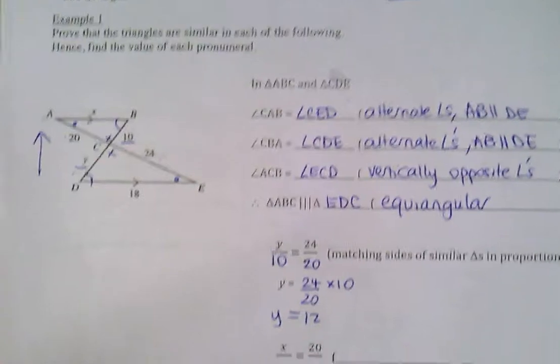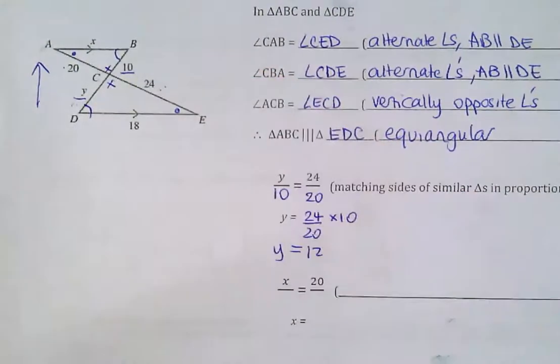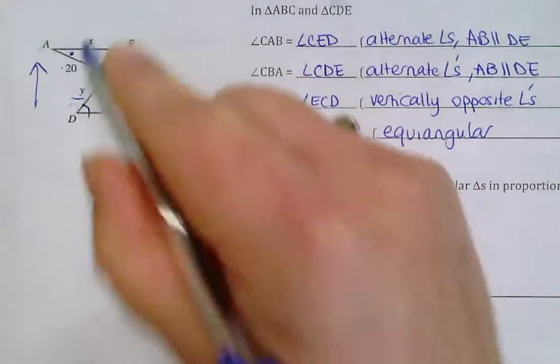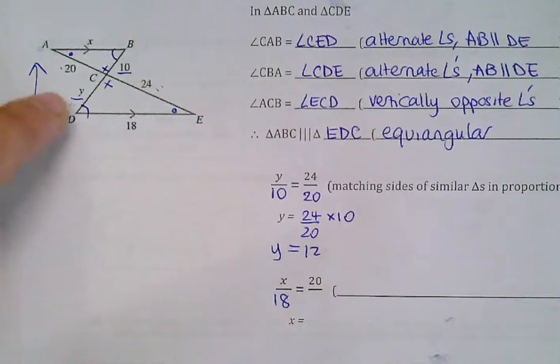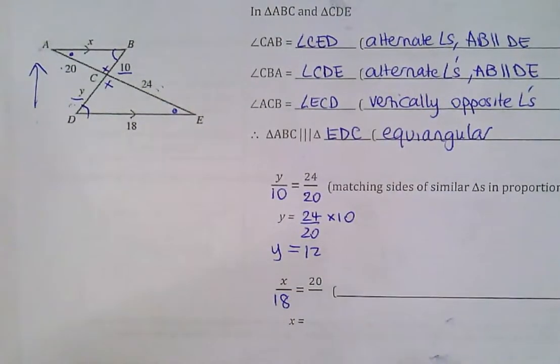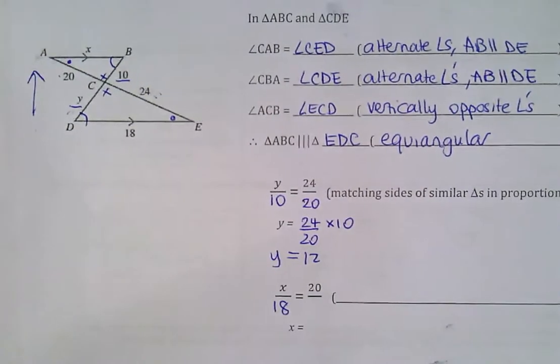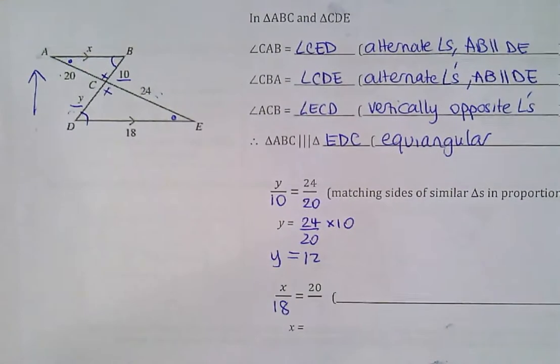Next one is to find the value of x. Whatever you're finding the value of, it's best to put that first. So x matches with which one? So x over 18. Now, I wouldn't use the y that I got before. Try and use the numbers that are already there, especially if y was a rounded decimal.